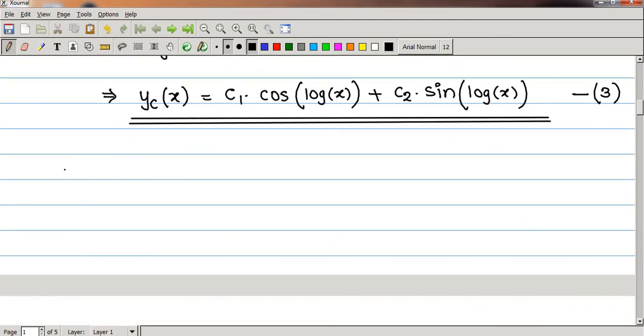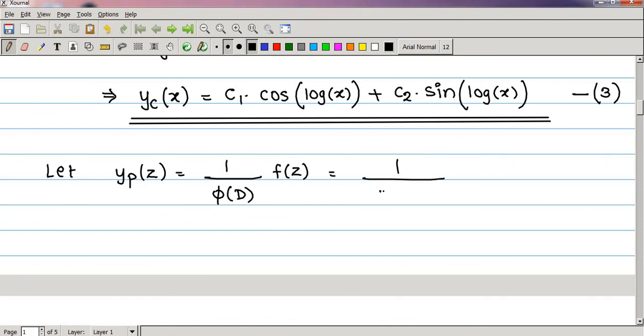Now to find the particular integral, we consider the particular integral in terms of variable z, where we operate the inverse of the auxiliary equation on f of z. Since our auxiliary equation is D square plus 1 and f of z is sine 2 times z, we apply the shortcut method formula.